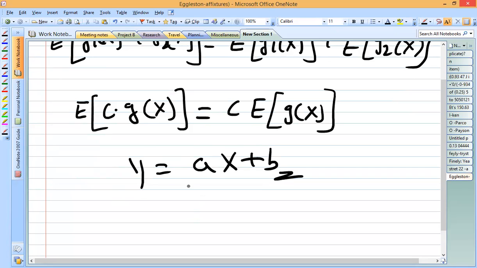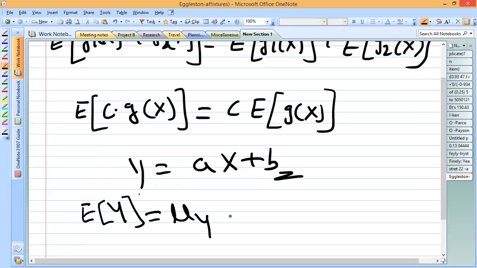Now for this equation, suppose you are asked to calculate the expectation of y. Expectation of y is nothing but the mean of the random variable y. So this can be written as, you can apply the expectation operator to this whole equation. That is expectation of ax plus b, and you can split it up.